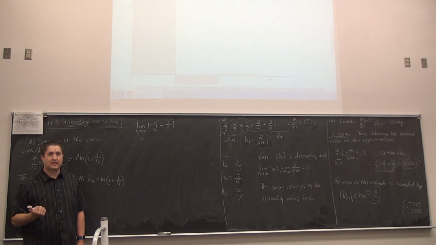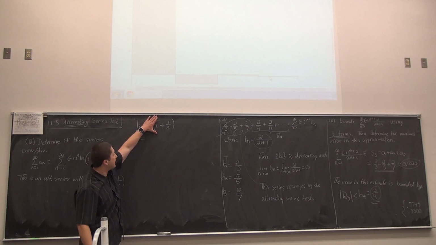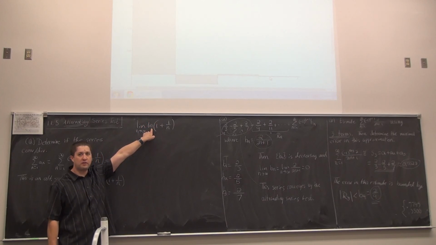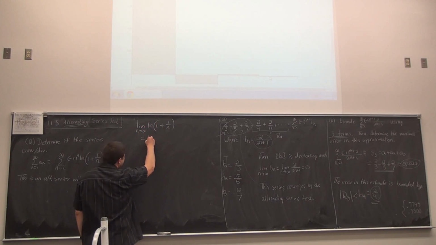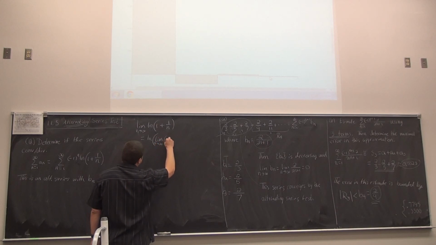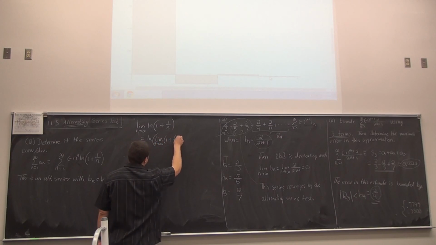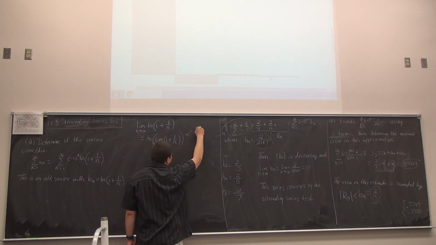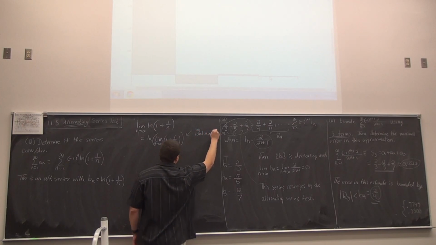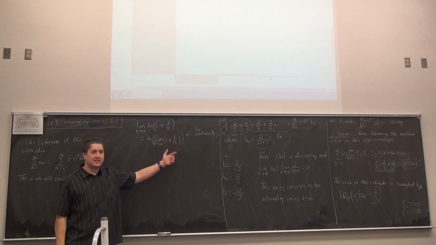The natural log is continuous. The limit of the inside is going to be positive 1. So the natural log is continuous at positive 1 means we can do this amazing step. We can write the natural log of the limit as n goes to infinity of 1 plus 1 over n, and this is by continuity. Continuity allows us to take the limit of what's inside, essentially.